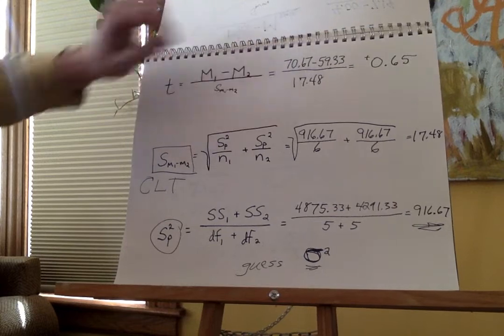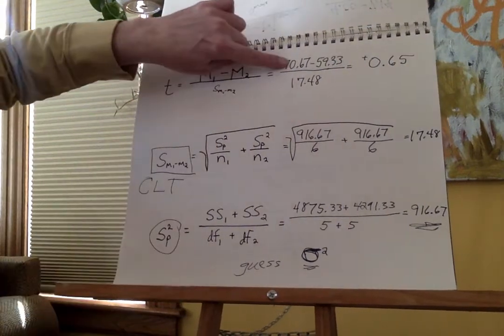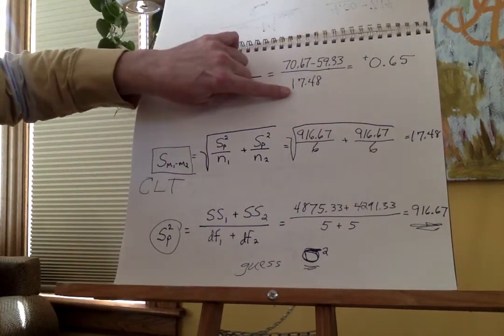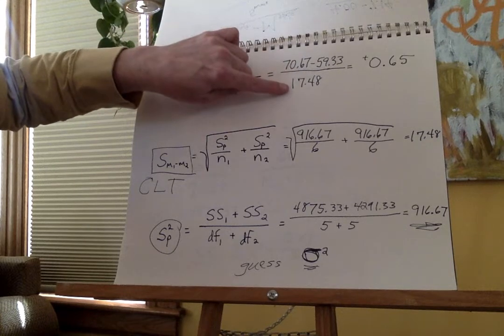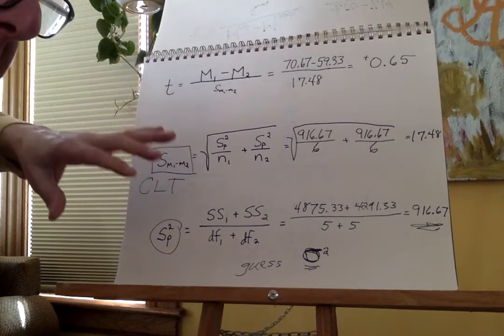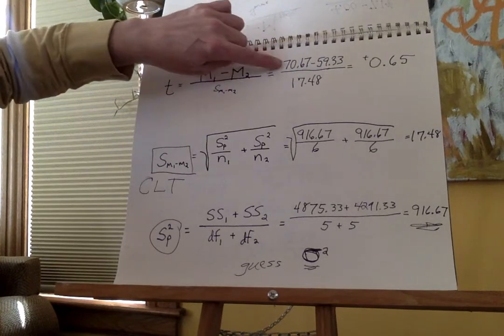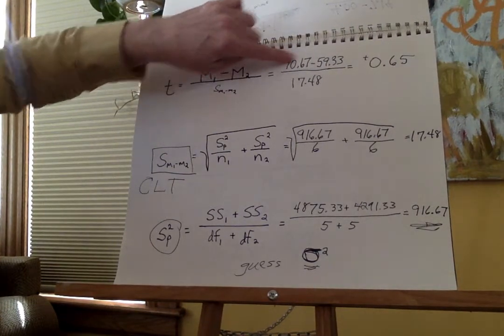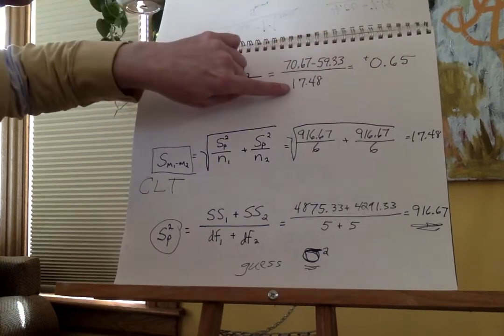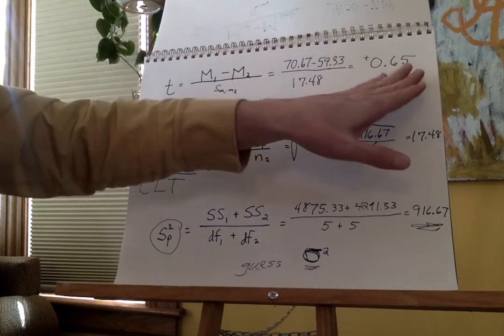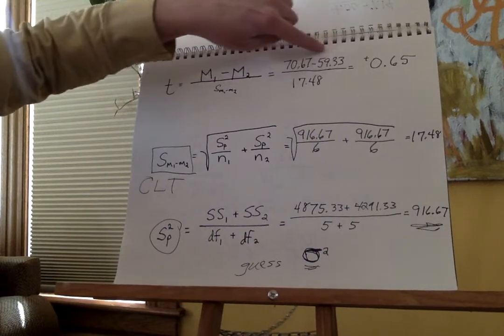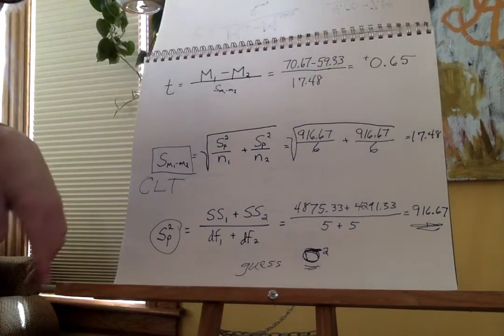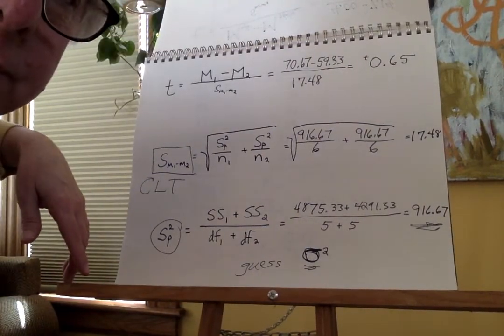This ratio, like always, is the difference over the variability. In order for us to reject the null, this has got to be more than twice as big as this. This difference has to be more than twice as big as this. In this case, this difference is not even one of these, and so we fail to reject the null.